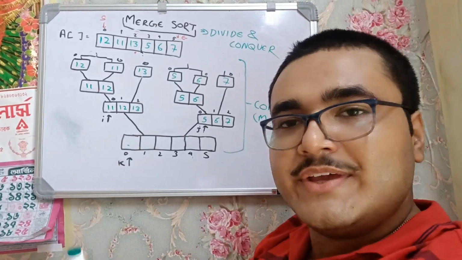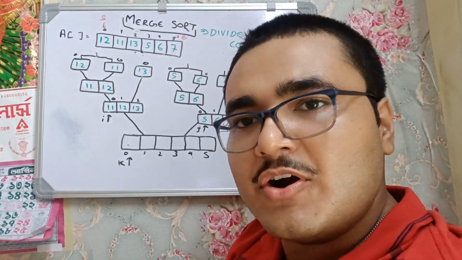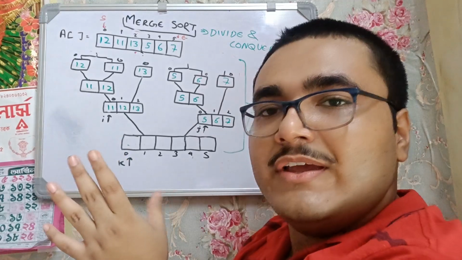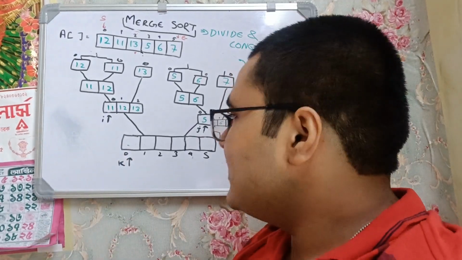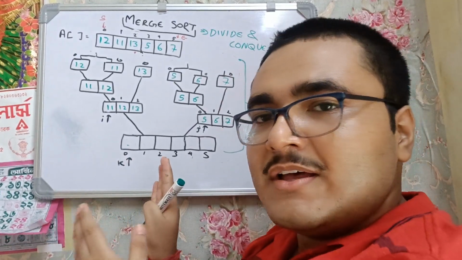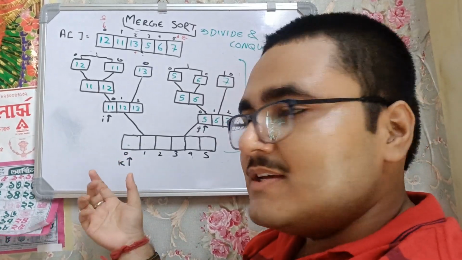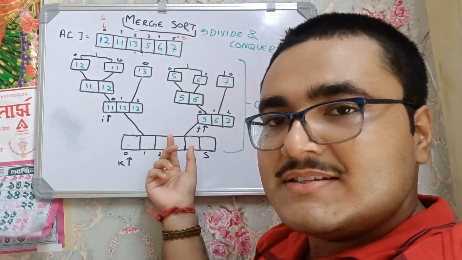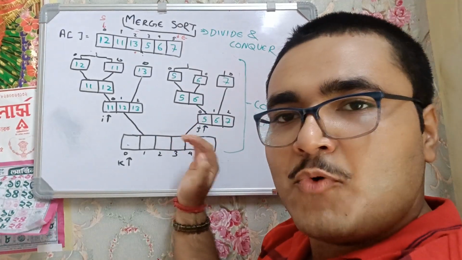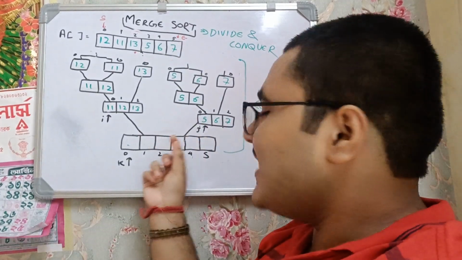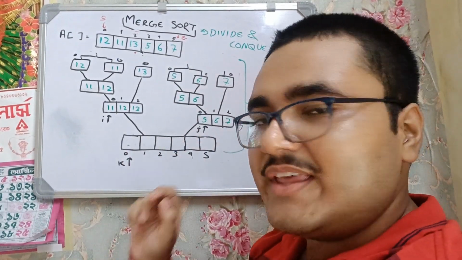Yes or no? Because we are arranging the array in ascending order, so we should store the smaller elements first in the newly formed array.